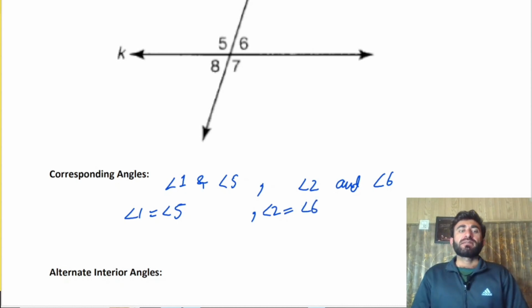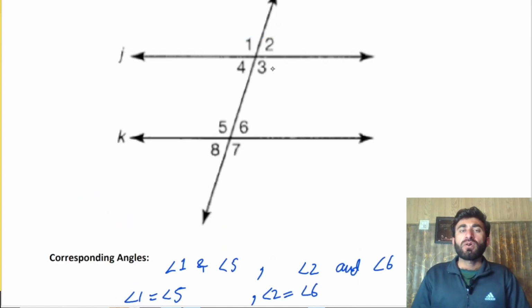Then he asks about alternate interior angles. We can see in the diagram, 4 is the interior angle and its alternate is angle number 6. Similarly, angle 3 has an alternate at position 5.